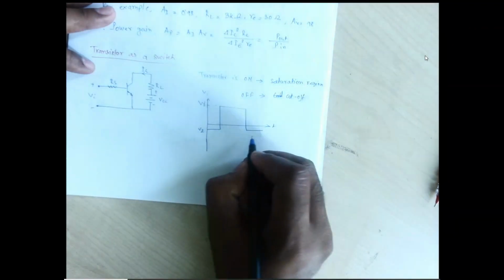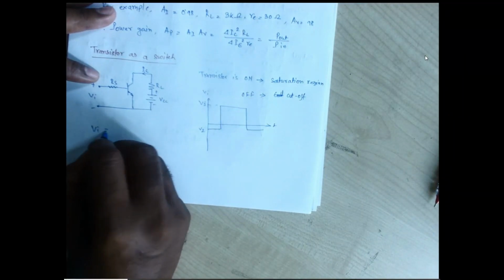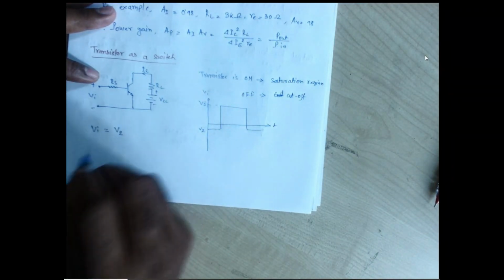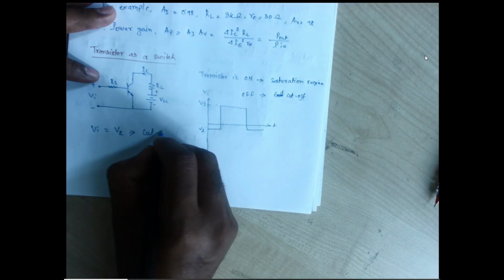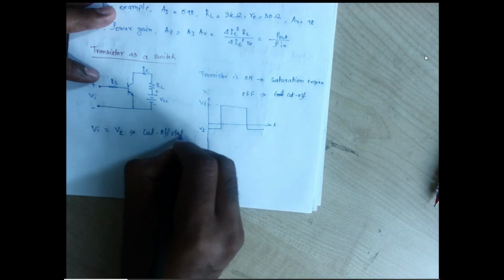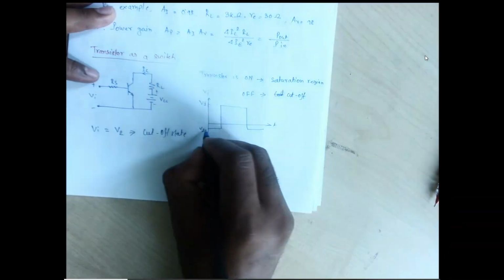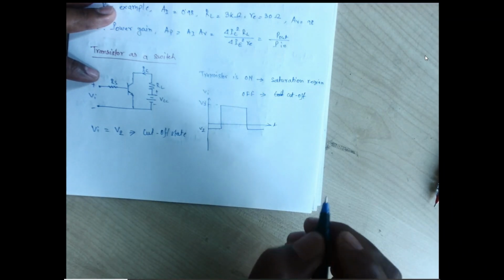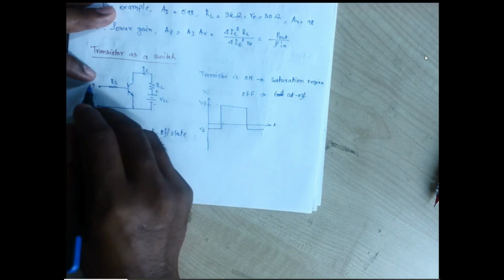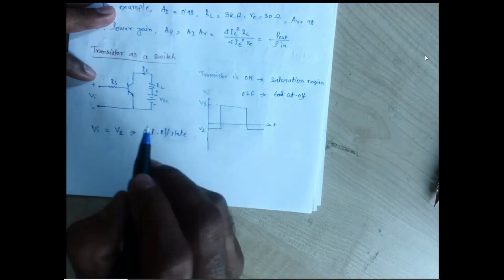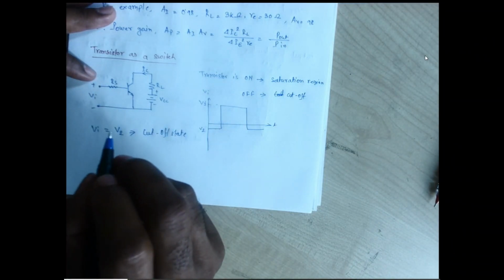So let us take Vi initially as V2. Transistor will be in the cutoff state. V2 means it is some little bit negative. So this base junction is in the reverse bias, right?